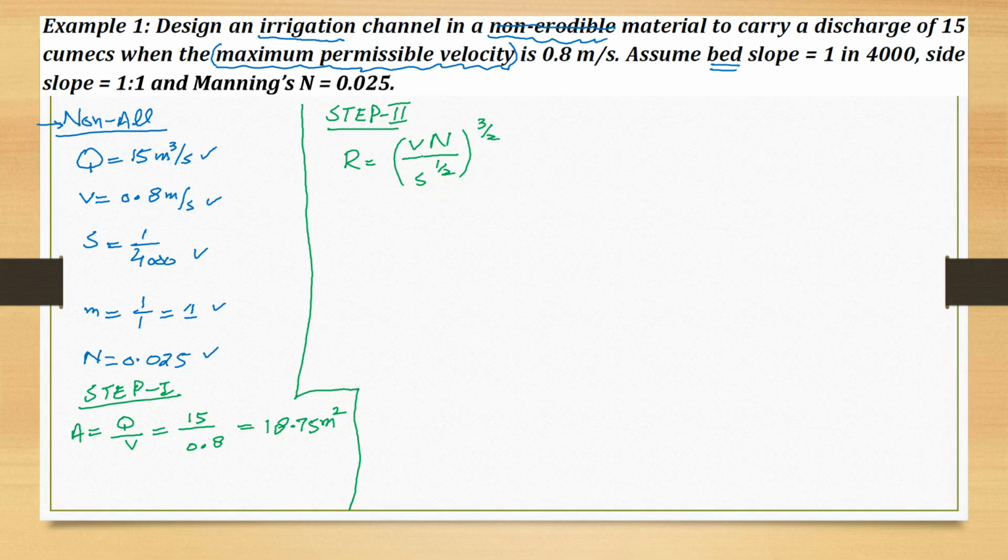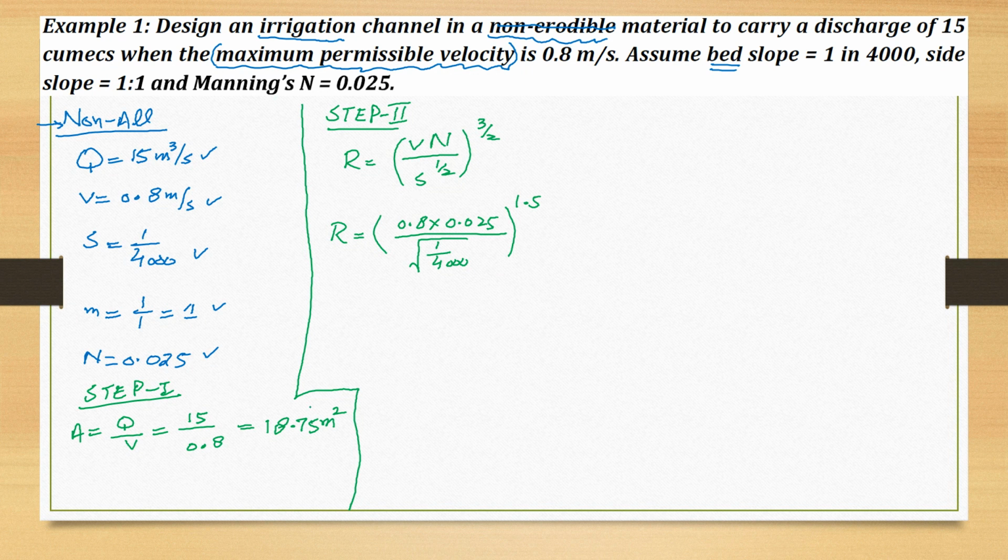So we will simply put the values of V and S in this formula. What is V? That is 0.8, value of N is 0.025, and value of S is 1 by 4,000. You can write the square root in place of 1 by 2, and you will write the power as 1.5 because 3 by 2 is 1.5.